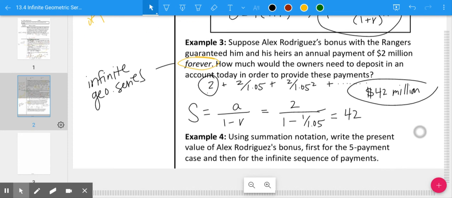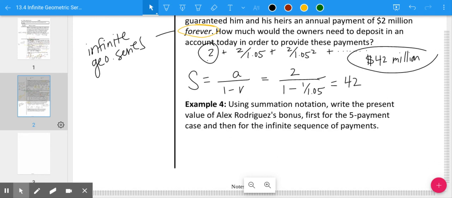Let's make sure we can do summation notation because that's always hard. So let's write this in summation notation. Let's do summation notation for the 5 payment case and then for the infinite payment case. So for the 5 payment case, that means I'm going from payment 1 to payment 5, I equals 1 to I equals 5. How do I generate each term?